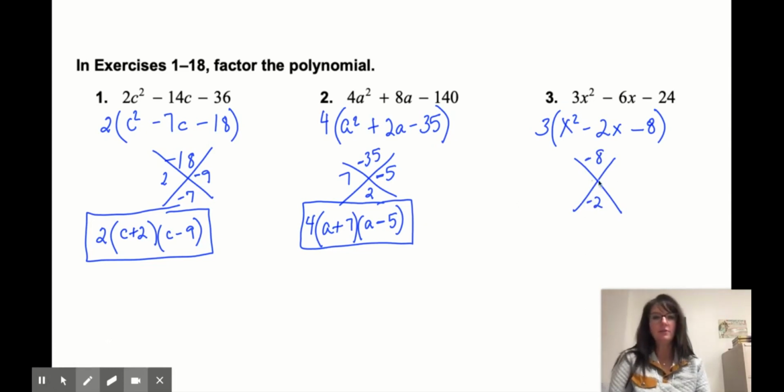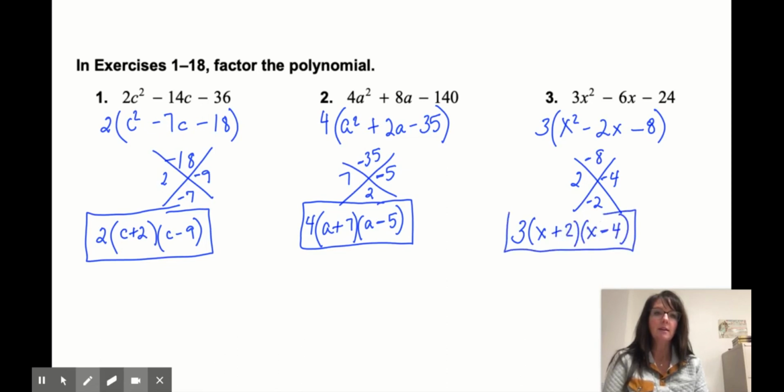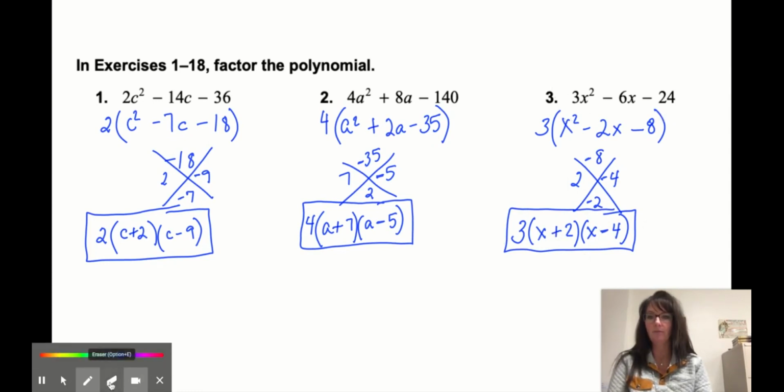Factors of negative 8: 2 and 4 have a difference of 2. This would make the 4 negative. So we'll have 3 times x plus 2 times x minus 4. Again, to double check, go ahead and FOIL these and then multiply everything by 3, and you should get your original trinomial.